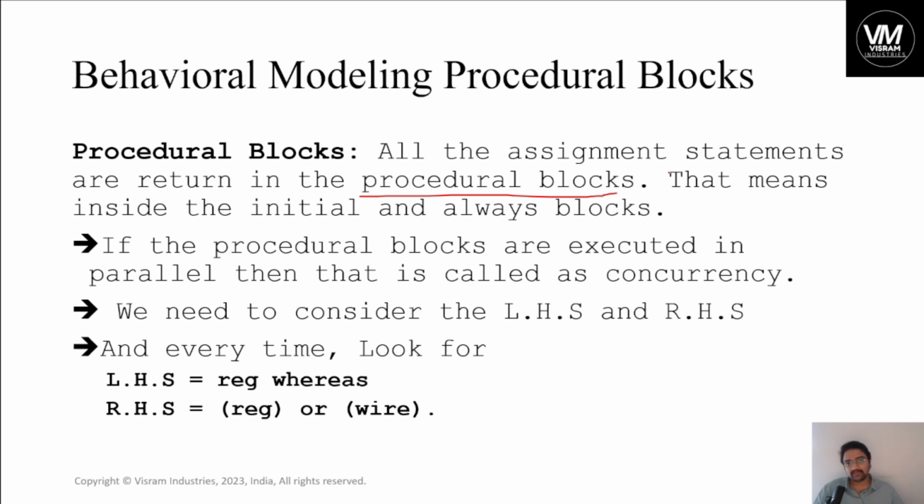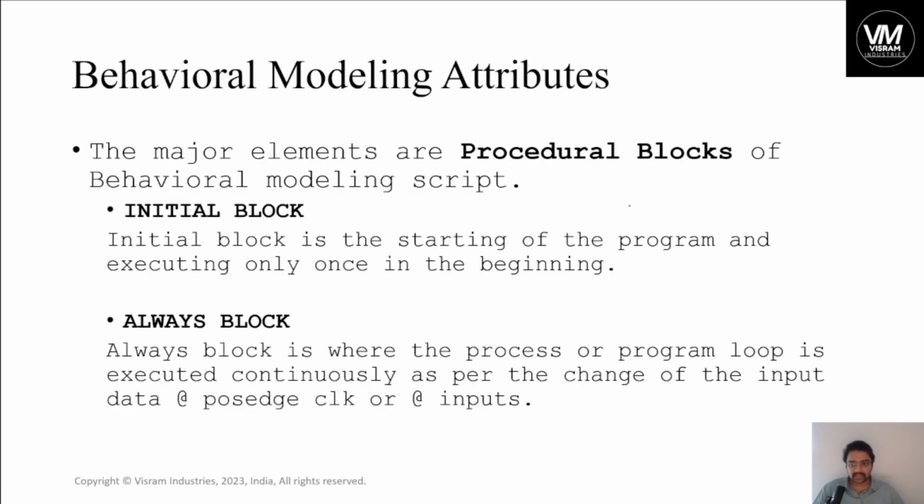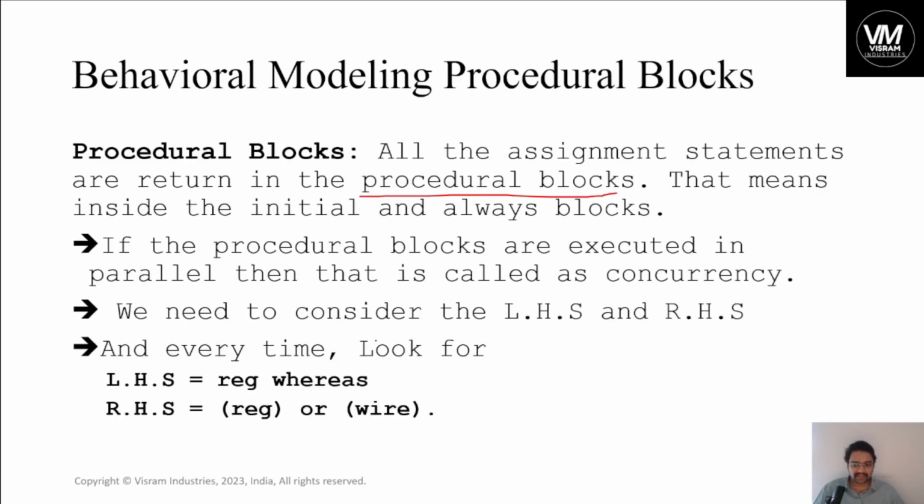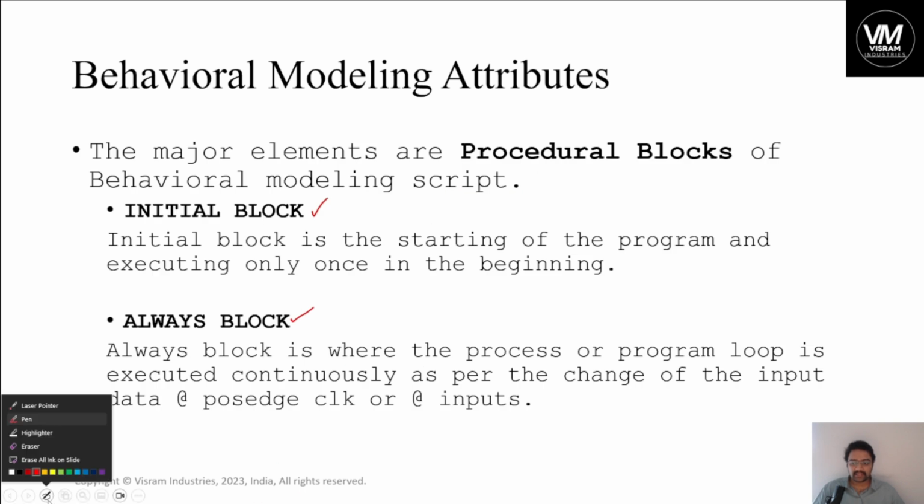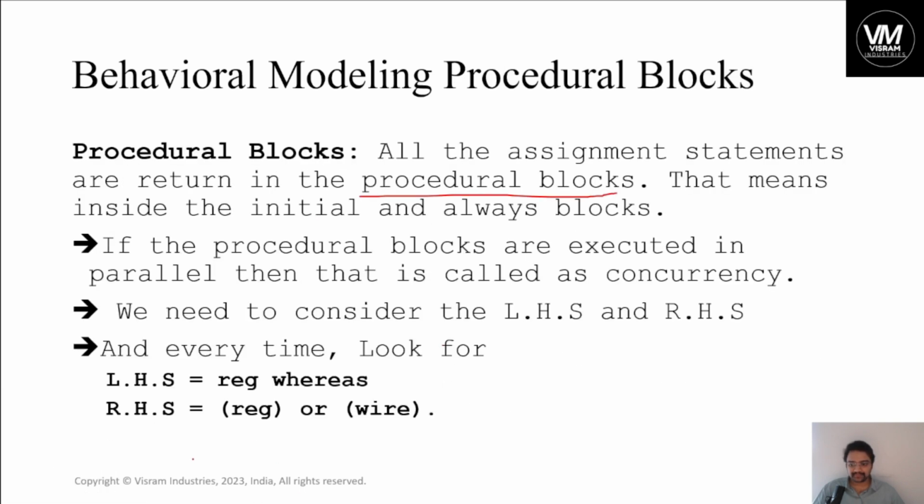I mean, two always blocks or three always blocks in one single code. If these always blocks or initial blocks are executed parallelly, then that is called concurrency.